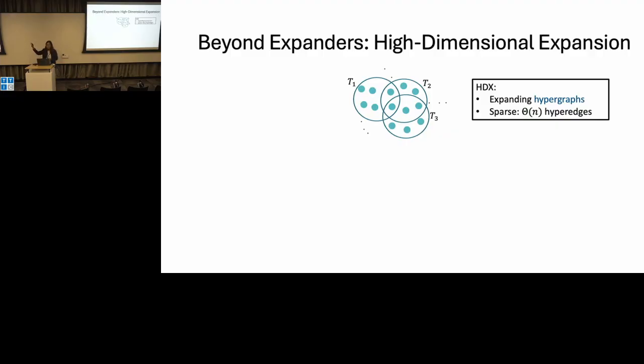So for instance, you can show that if you pick hyperedges randomly, they won't be a high dimensional expander. And again, intuitively we want these HDXs to sparsify the complete hypergraph, where you have all possible hyperedges.